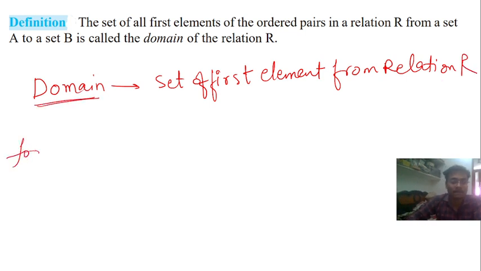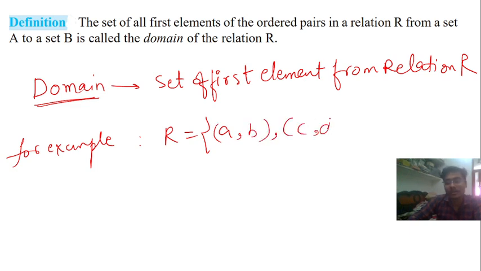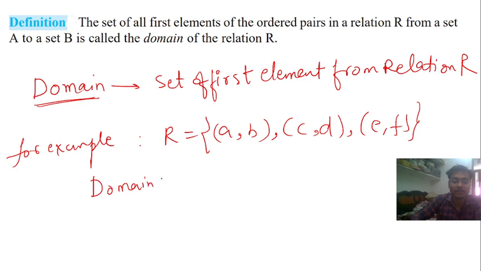For example, a relation is defined, a relation having set A, B, C, D, E, F. Okay, and you will have to write the domain.